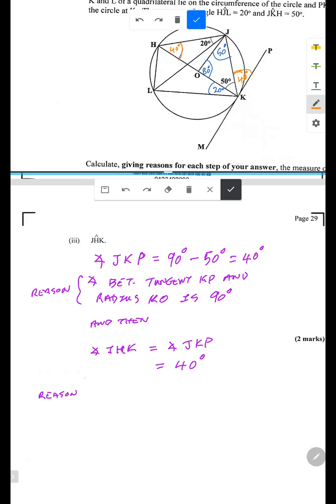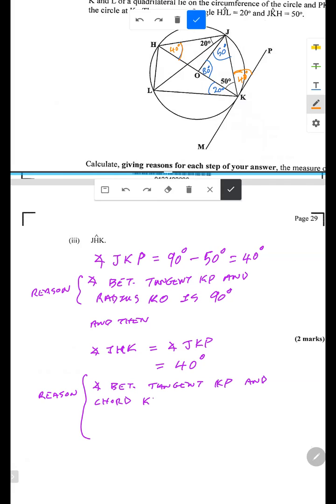The reason down here is that the angle between, this means between, tangent KP and the chord. Which chord?